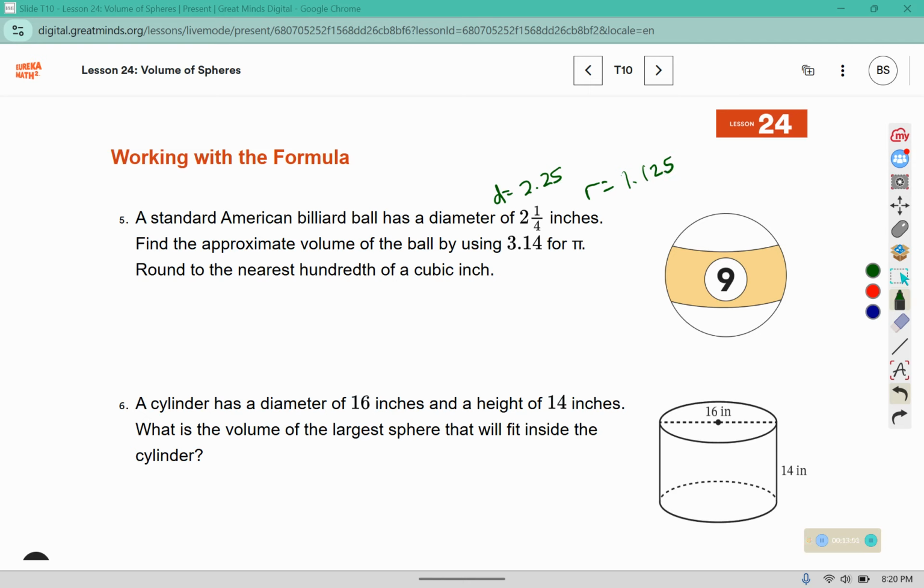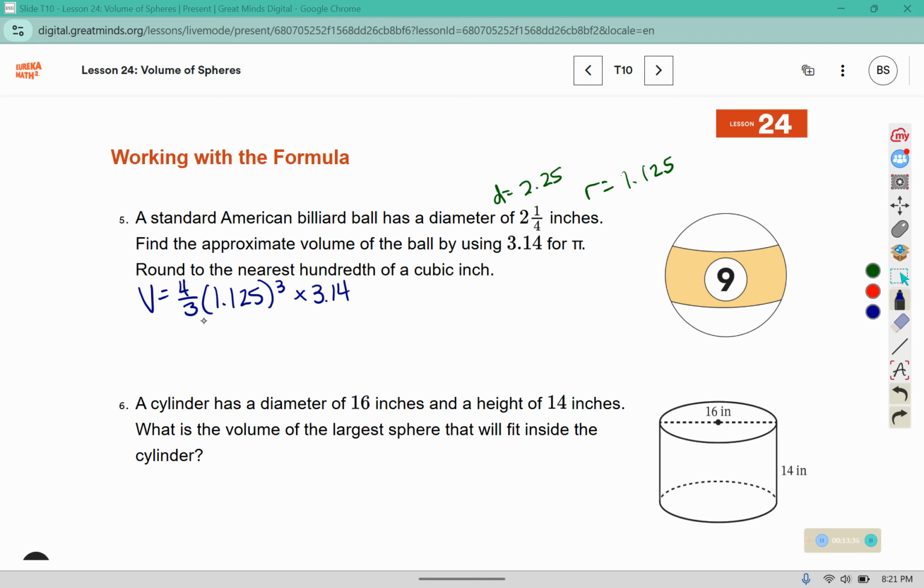We're going to save our rounding till the very end. So 1.125 to the third power. Then multiply that answer by 4 and divide it by 3. Remember, the top gets multiplied and the bottom is divided.